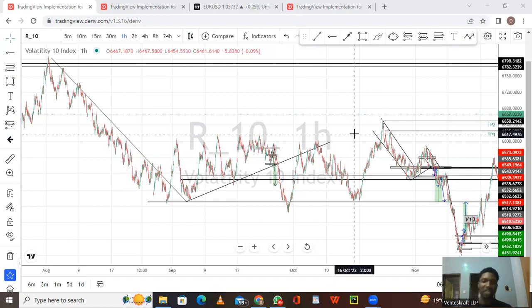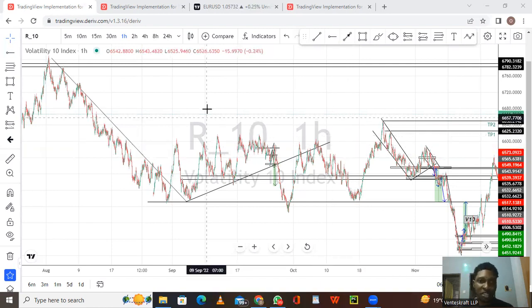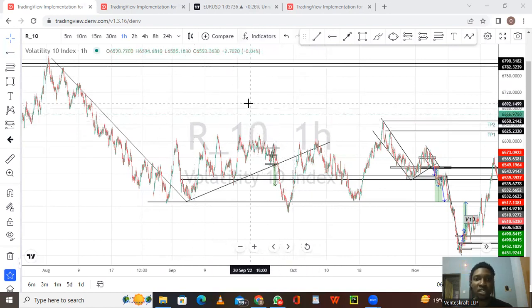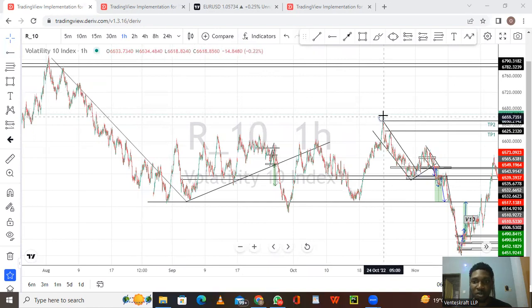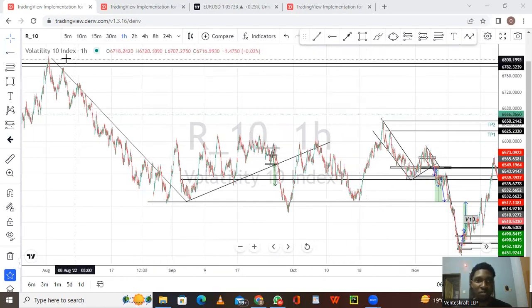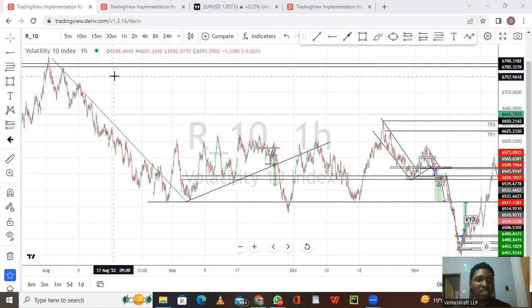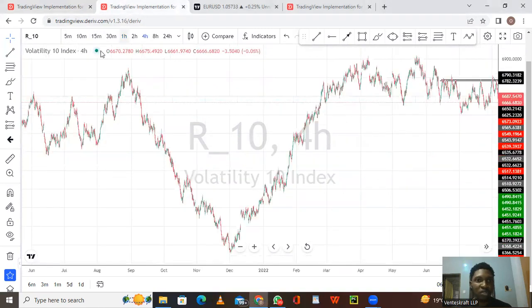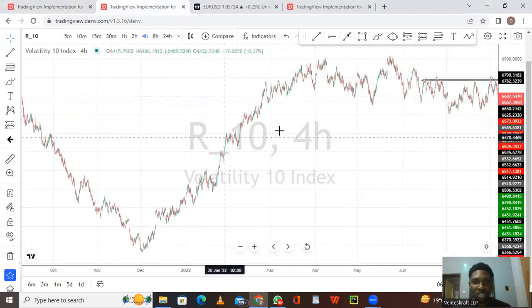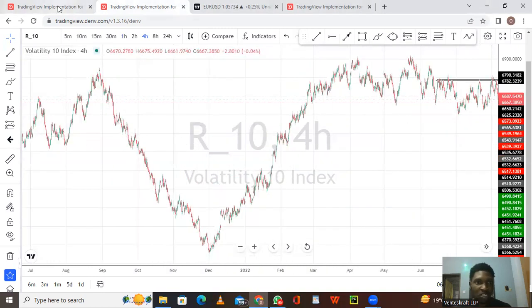Like I said, when you say fractal nature of price and structure, it simply means whatever happens on the lower time frame also replicates on the higher time frame, or whatever happens on the higher time frame also replicates on the lower time frame. So I have here Volatility 10 Index on the 1 hour time frame, and I also have the same chart here on the lower time frame.